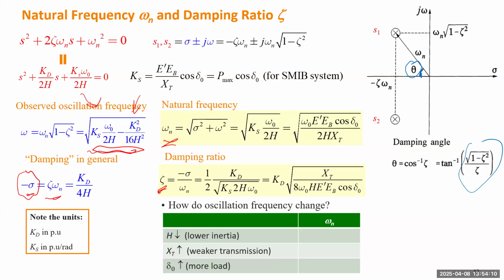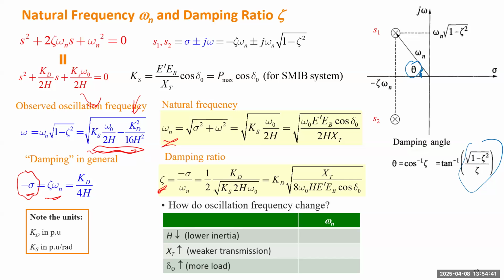Okay, let's see how the frequency of oscillation may change. For example, if we replace a lot of conventional generators by renewables, the total inertia will reduce. The transmission may become weak, and if we also increase the load, these all seem to be not good for the system dynamics.